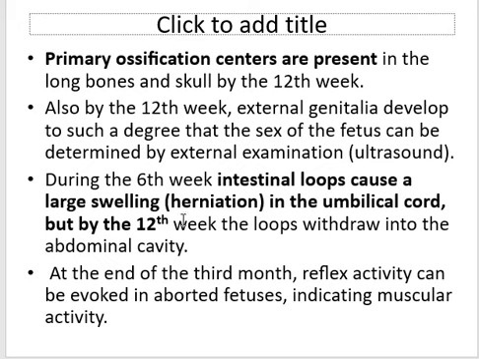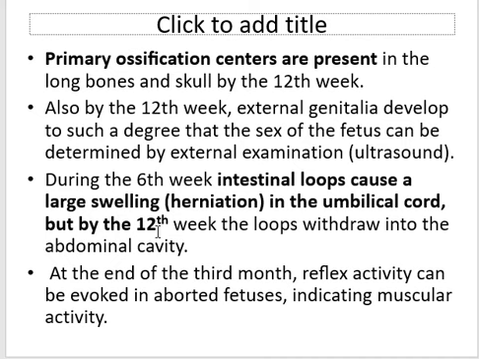These events occur in the 6th week, as the abdominal cavity is too small to accommodate the growth of the intestinal loops. So intestinal loops come out from the abdomen towards the umbilical cord, and this is called physiological herniation at the age of the 6th week of development.